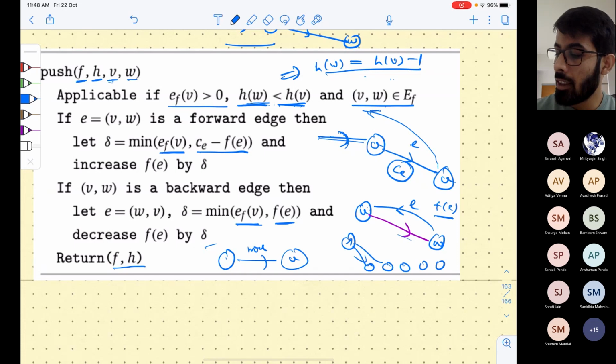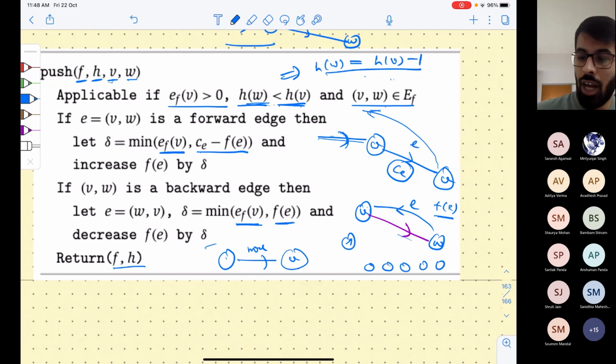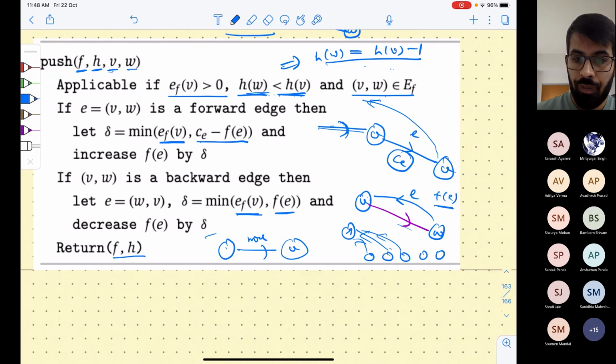All of them have excess because they have incoming flow, but they don't have anything outgoing. In the graph, they have back edges, but in terms of F, they have incoming flow but no outgoing flow. So they have excess. So what do we do?